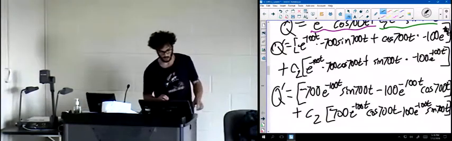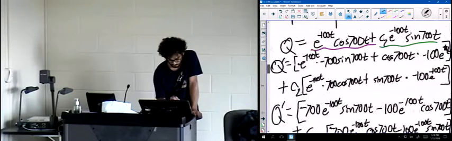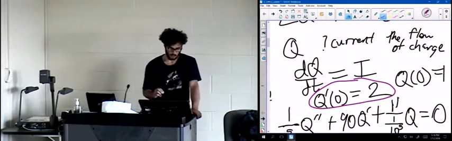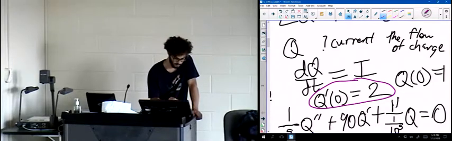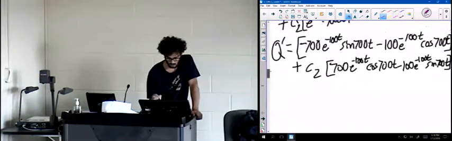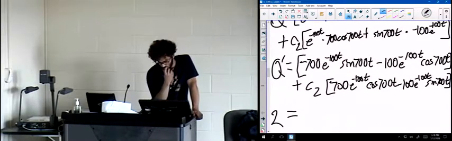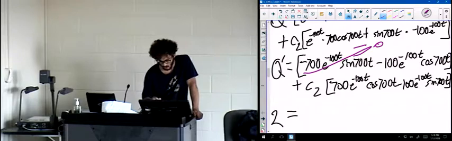Okay. And now let's maybe go back and look at our initial condition. Was it right here? Yes. So Q prime of 0 is 2. So it's going to say 2 equals, and plugging in 0, I can tell you that this goes to 0, and this also goes to 0, right?